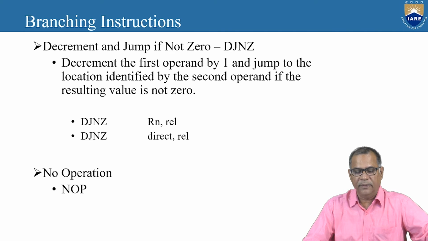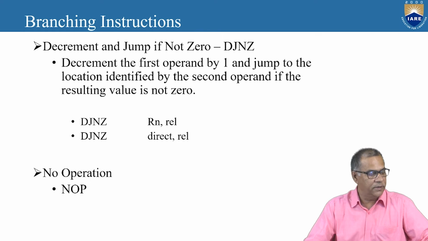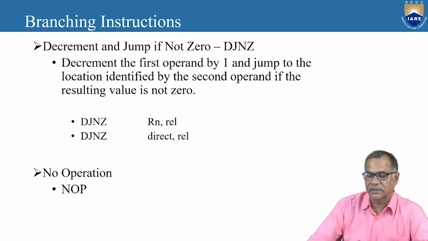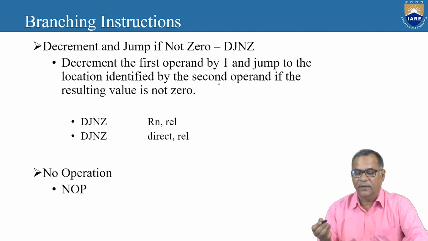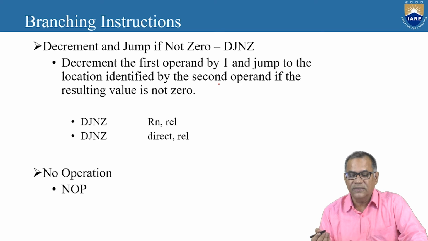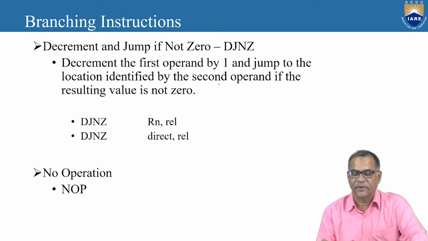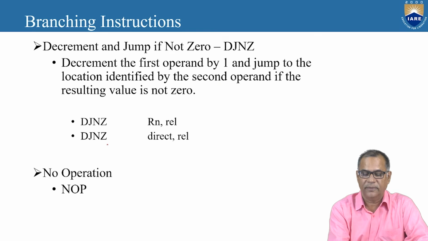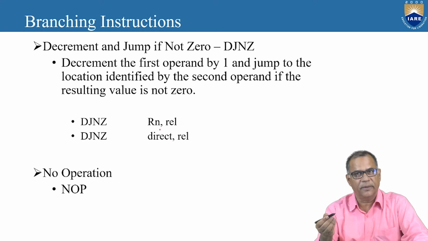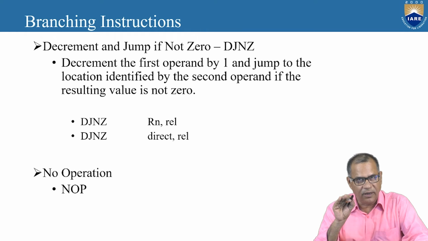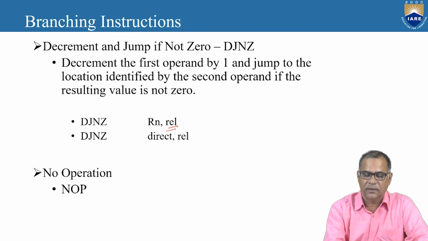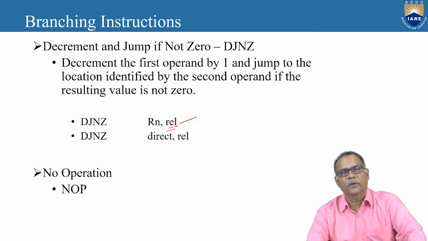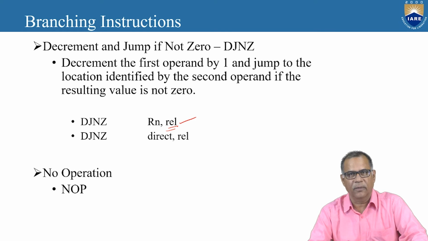Next, decrement and jump. The instruction is DJNZ. Decrement the first operand by 1, and if it is not 0, then jump to the location specified by the second operand. So decrement, jump, not zero, Rn. The contents of Rn are decremented by 1, and if the contents are not becoming 0, then control is transferred to this label.